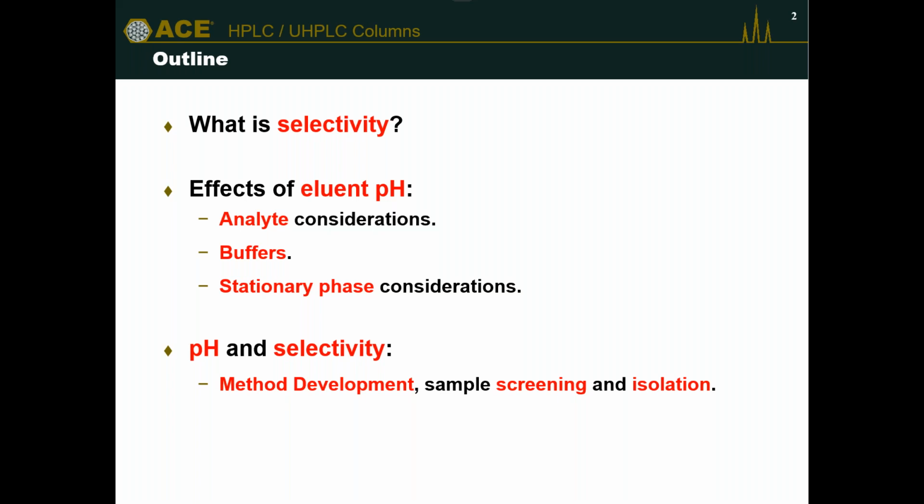Then we're going to look further into actual pH and the use of pH in our method development, how we can look at different workflows with pH, and some of the considerations that we should look at when we're developing methods related to pH. So the analytes, the types of solvents and buffers we use, and the types of columns that we consider. So combining selectivity and pH to give us a real platform for method development.